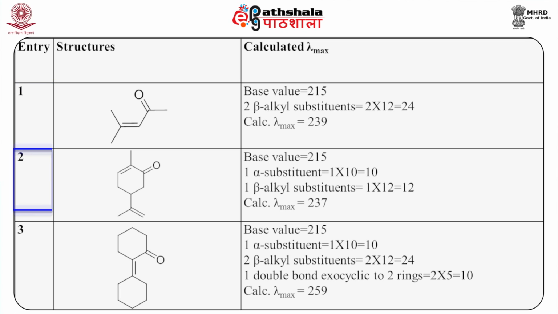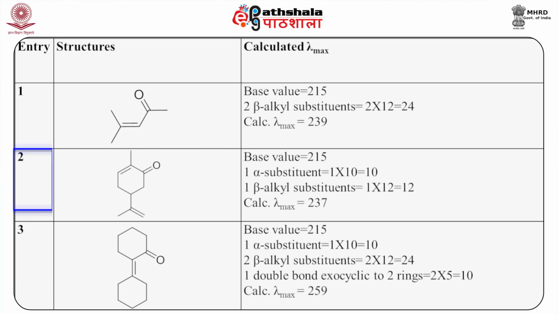In the next one, it is a cyclic system. We still have a base value of 215 nanometers. The alpha substituent, that is alpha to the carbonyl group, is one alkyl group, and thus it will have a contribution of 10 nanometers. In beta position, the alkyl substituent will have a contribution of 12 nanometers. Thus, the addition value will be given as 237 nanometers.